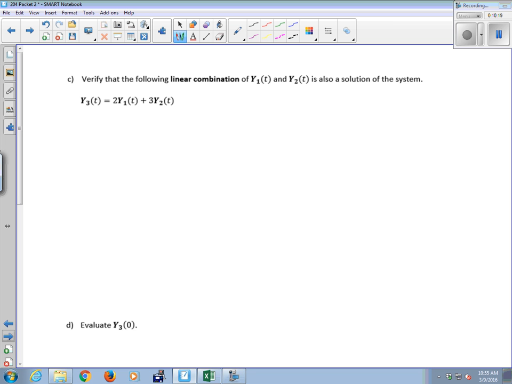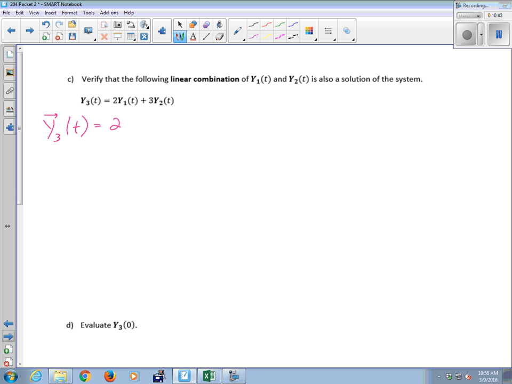Okay, so now I know y1 and y2 are both solutions. I already verified that. I want to verify that this linear combination of y1 and y2 is also a solution. According to the reading, it should be, right? So let's just quickly verify it. So y3, first I need to get a formula for y3.